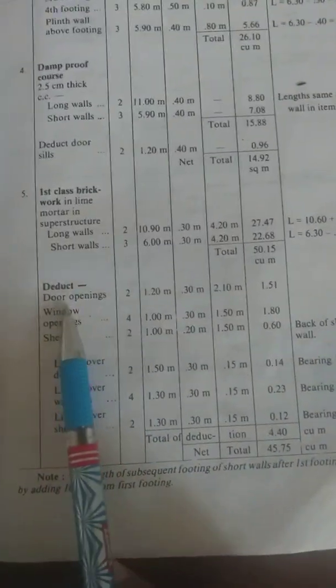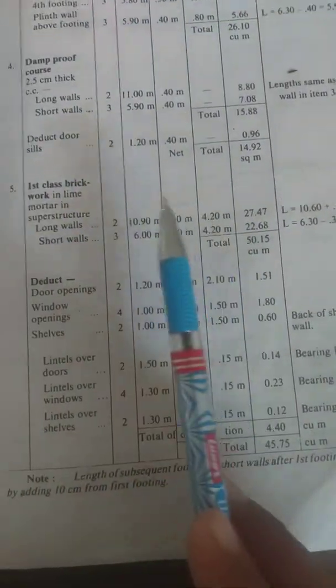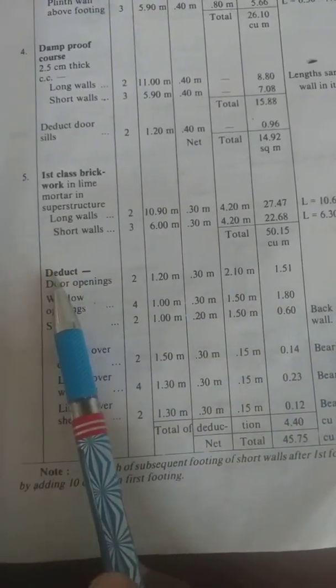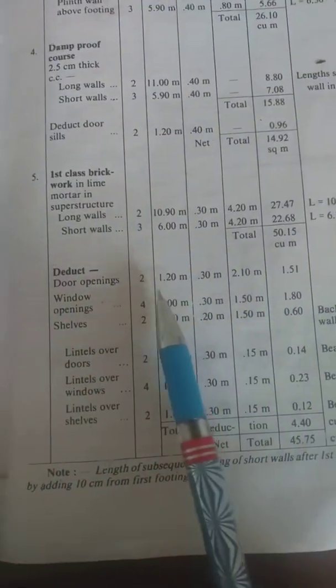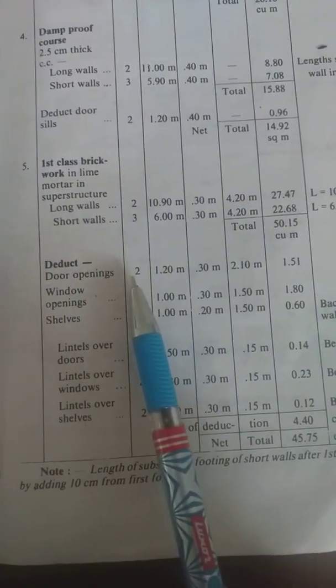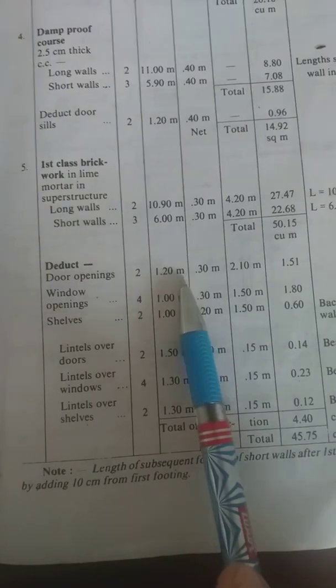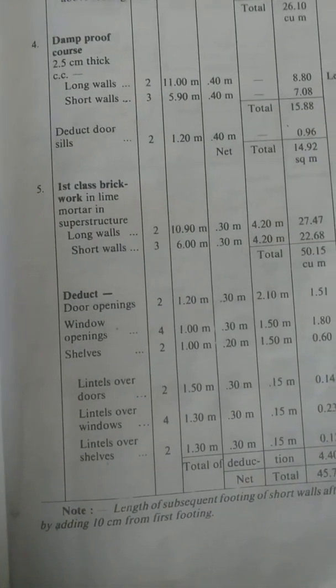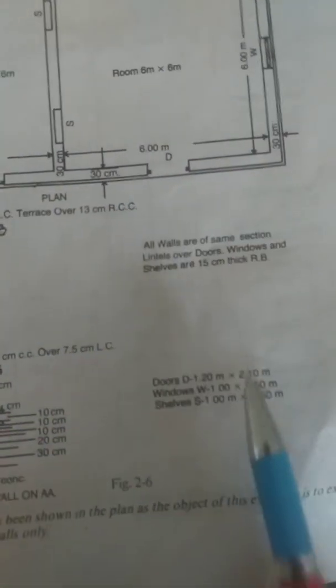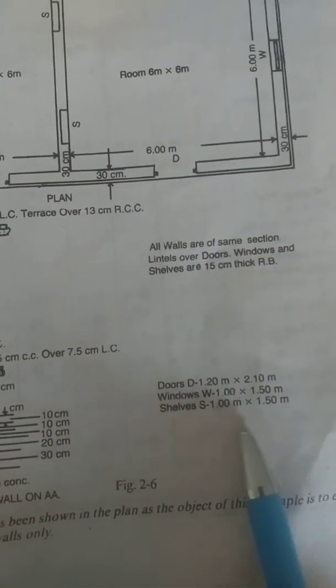Now the deductions. Everywhere we didn't consider the windows and doors and openings, so we deduct these things from the plan. We can see that there are two door openings, two doors of this size. I will show you in the details: doors, windows and openings, and even shelves. Here you are given the door D1, window, shelf sizes.